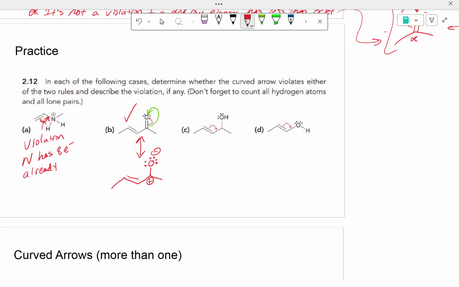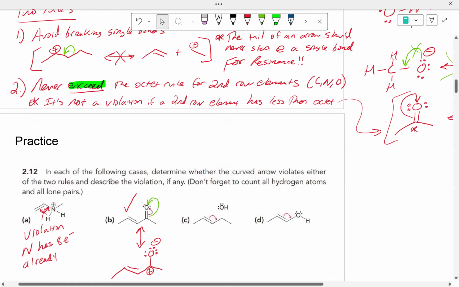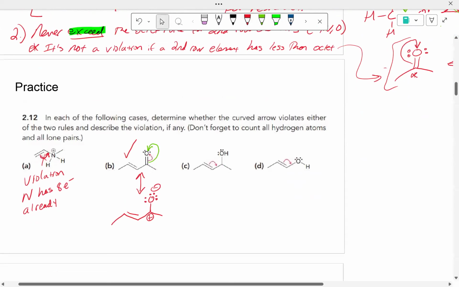Now with C, what's going on here? Well, I'm proposing to move these pi electrons to make a double bond there. If I do that, what do you see the potential of that? Well, that would put 10 electrons around that carbon. Remember, there's a hydrogen there that we don't see. I'll just draw it in.